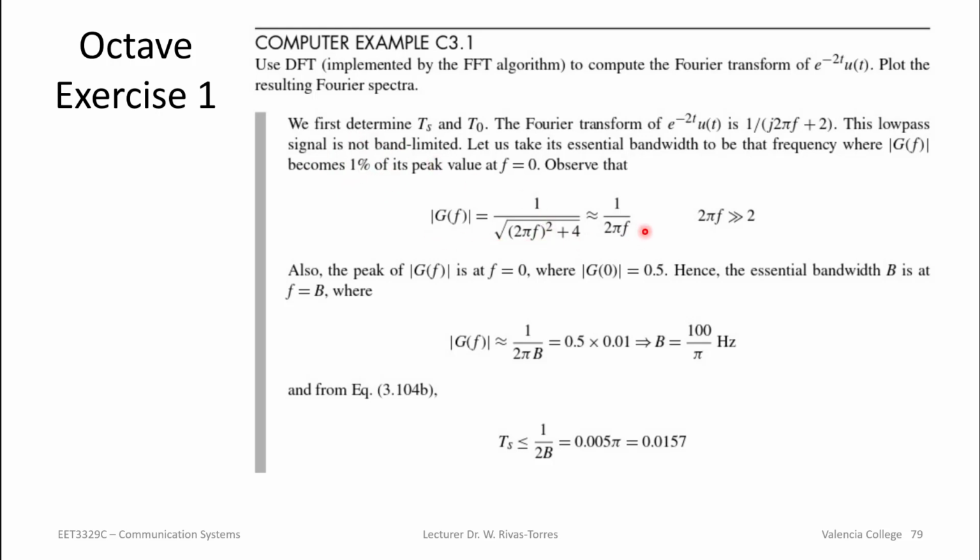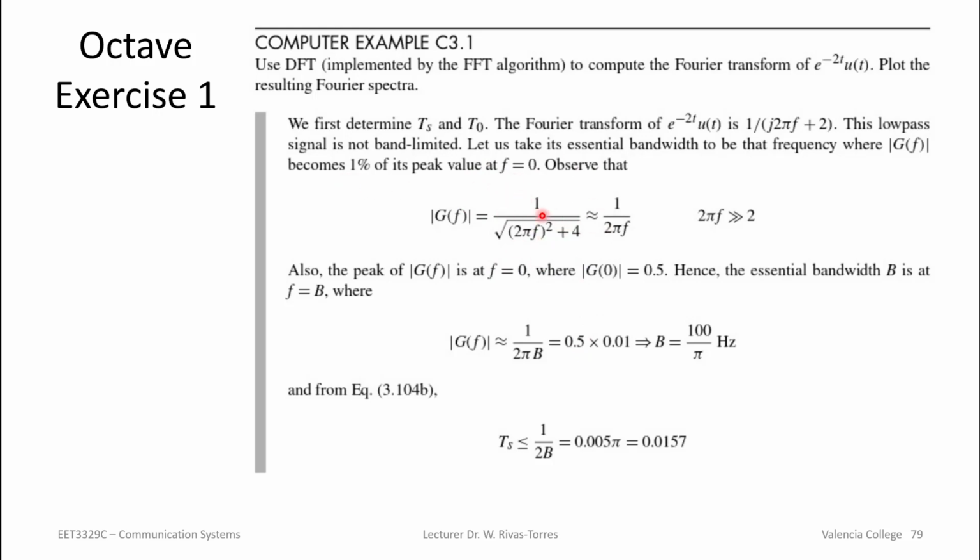Okay, so if we do that, then we can say that 1 over 2 pi b, where b is the frequency that we're interested in, that would be our essential bandwidth, is going to be half, right? Because if you evaluate this at 0, we want it to be 1% of what it is at 0.